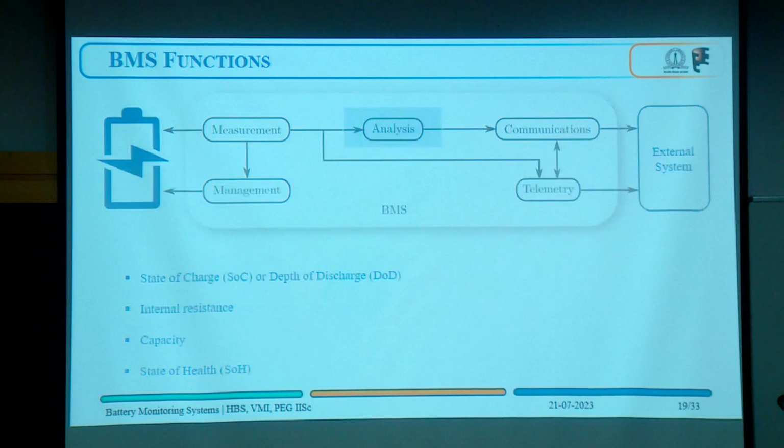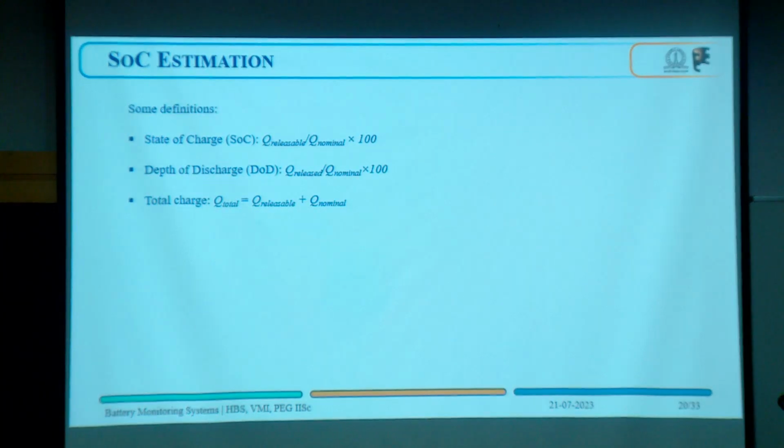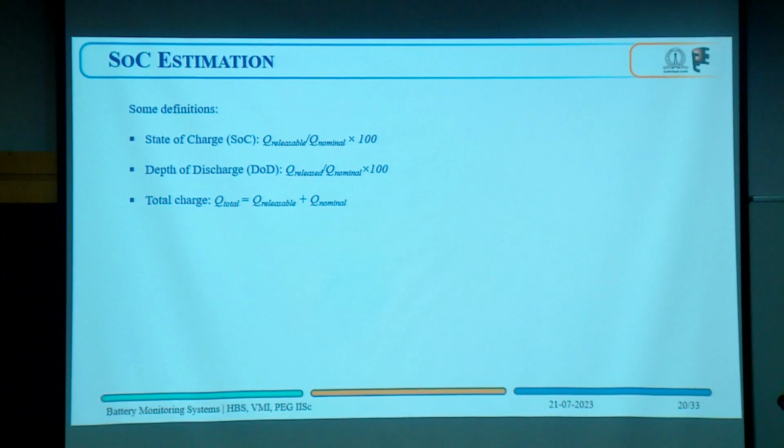Before we go on, some definitions. State of charge is the charge that is releasable divided by the nominal charge. This is the state of charge present in the battery. Then we have the depth of discharge: how much charge has been released divided by the nominal. Then we have the total charge of that battery, that is the charge that can be released plus the charge that has been released.